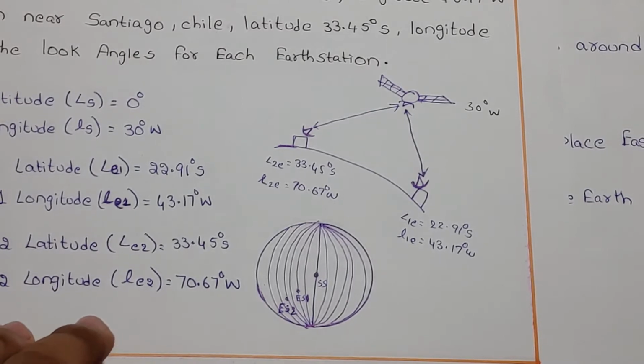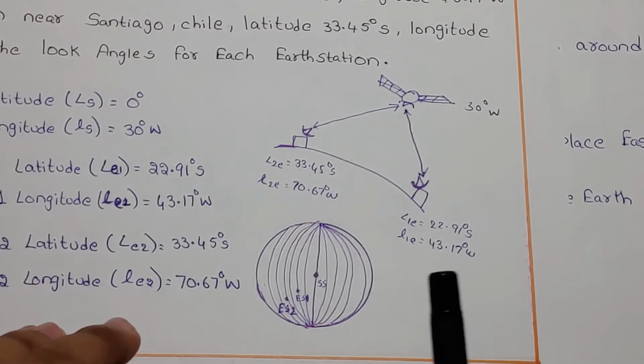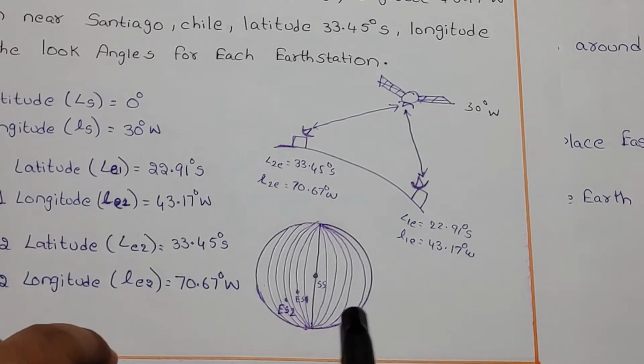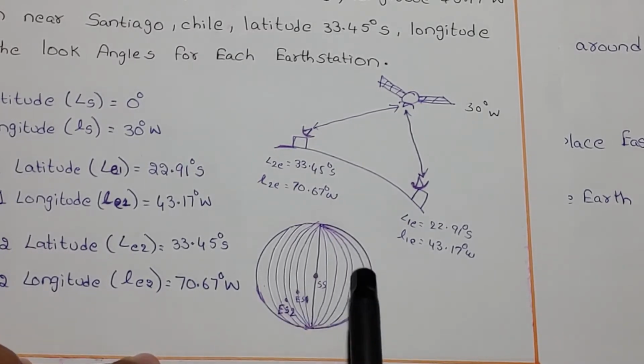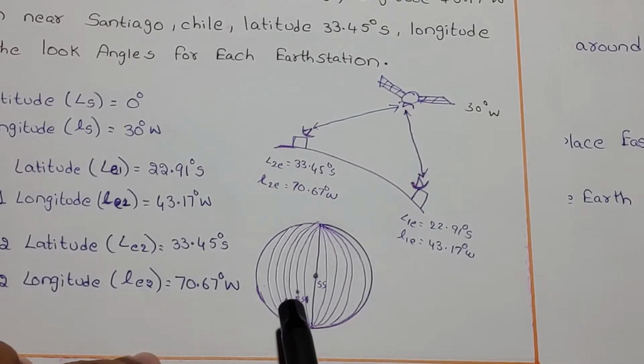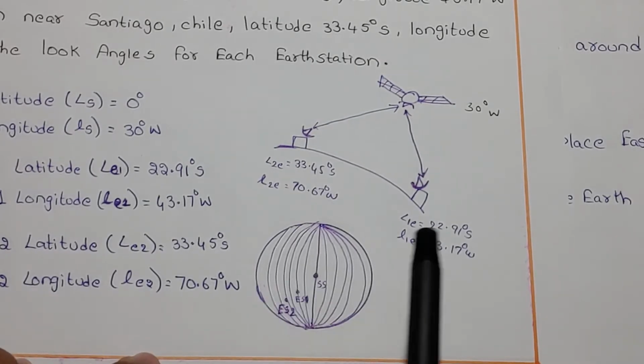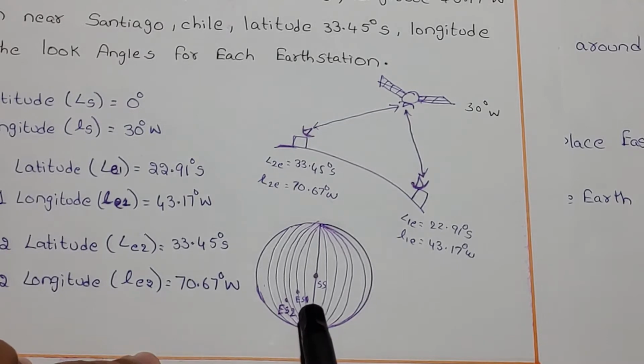In any problem solving related to look angles, please draw pictures like this, so that in the case of azimuth angle finding, we know whether the satellite is northeast, northwest, southeast, or southwest with respect to the earth stations.